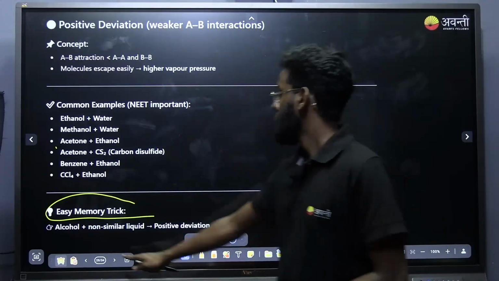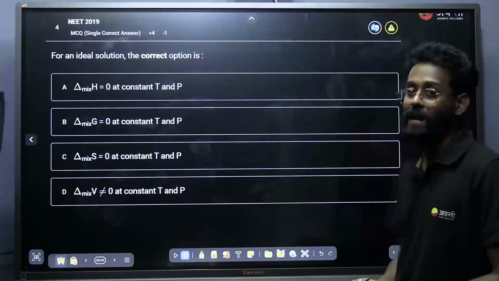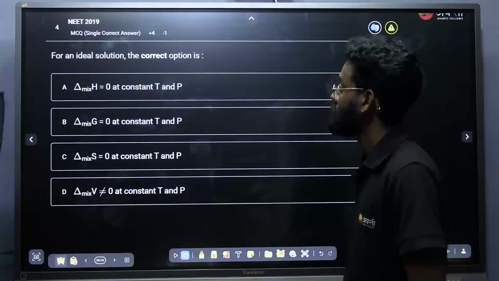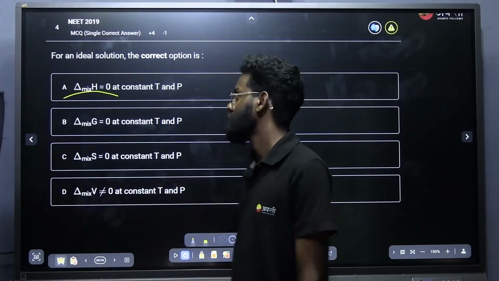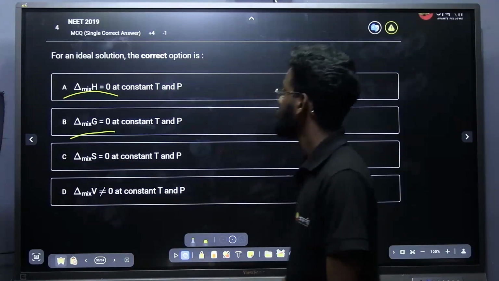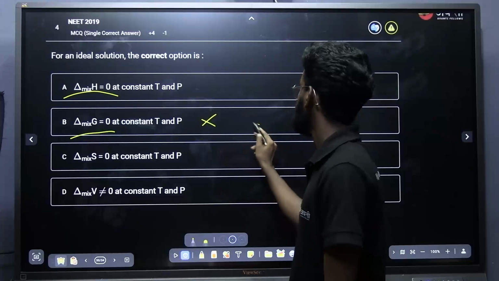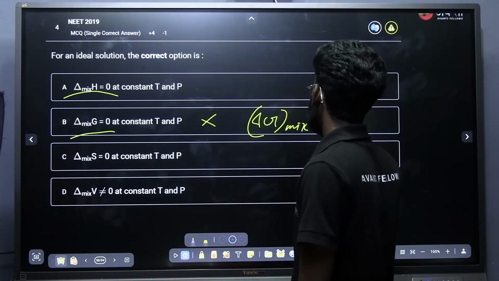Okay. Next is the NEET 2019 question. For an ideal solution, very easy question. What is the correct option? Ideal solution, delta G mix is equal to 0, right? Of course it is 0? No. Delta G mix is less than 0?